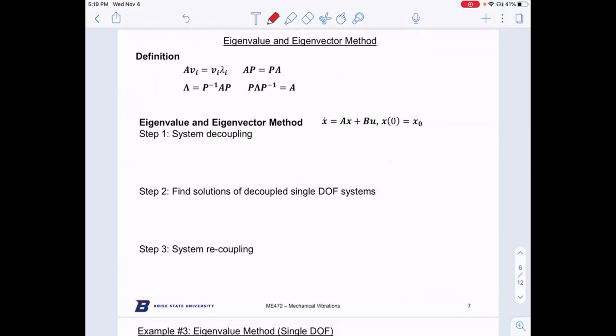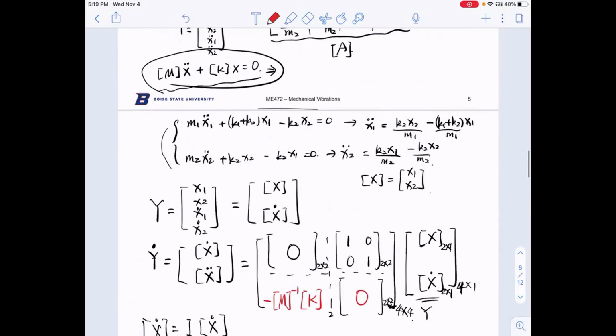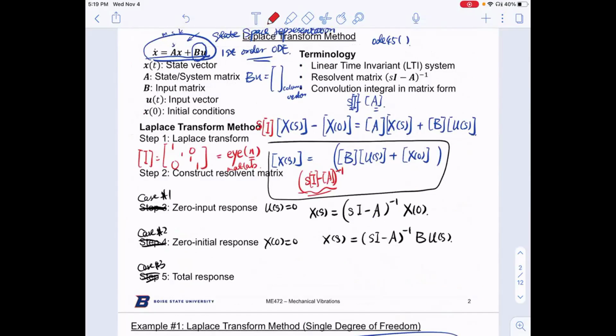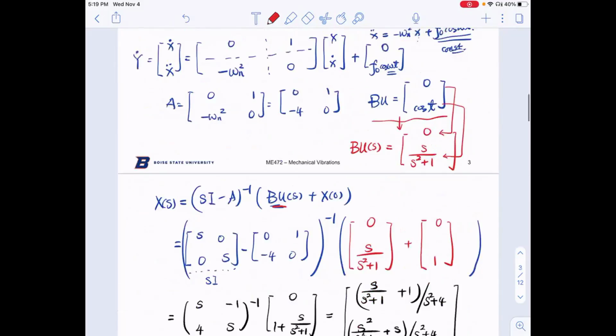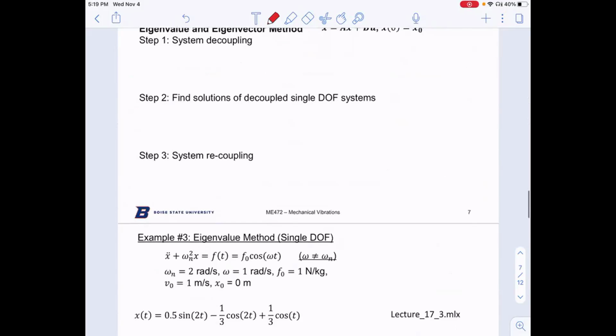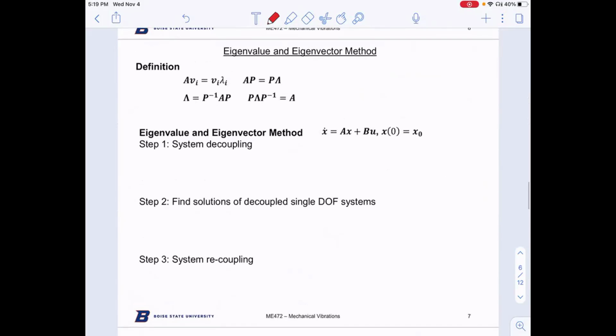If you work in electrical engineering, in ECE, working in control, most of the time, I would say 99% of the chance you're going to use this method to solve the ODEs. But for mechanical engineers, we're actually more interested in the second method, which is called eigenvalues and eigenvectors.